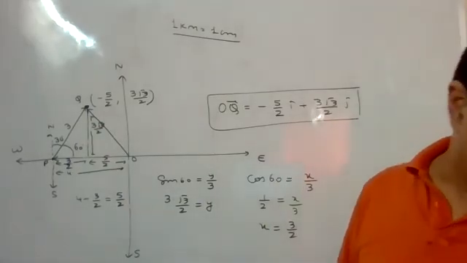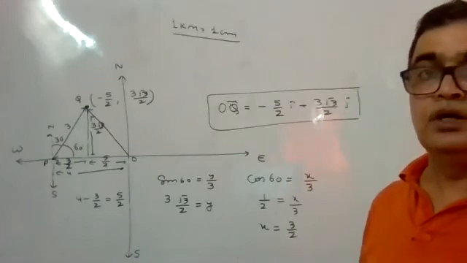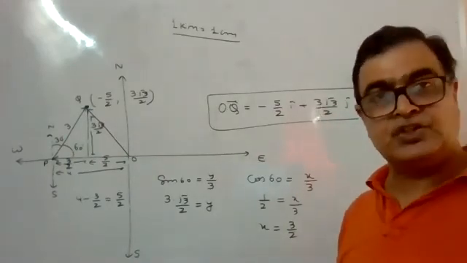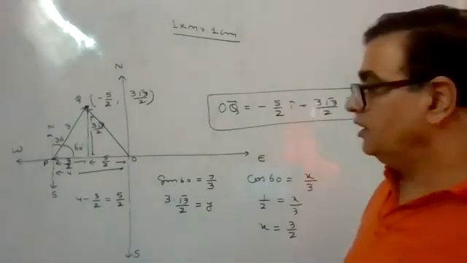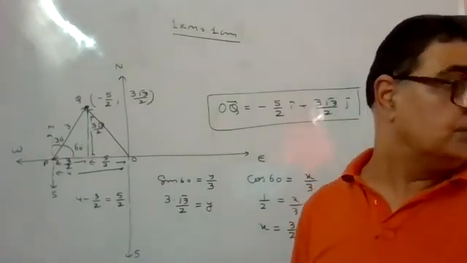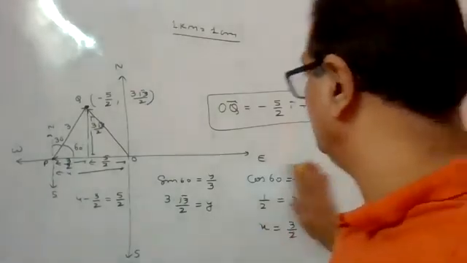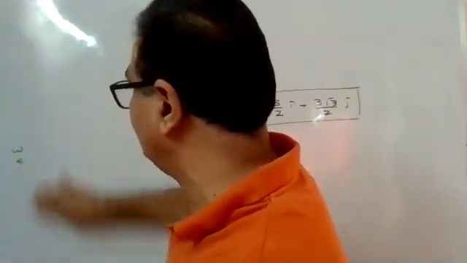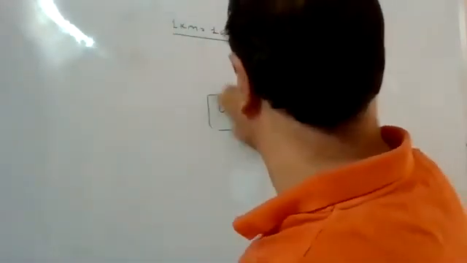Okay. Now these results now going to transfer in three-dimensional axis also. This figure going to be in three-dimensional, and we will be finding the position vector and the modulus.